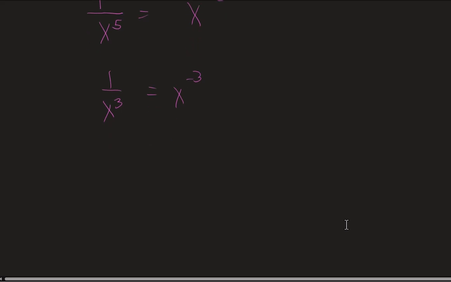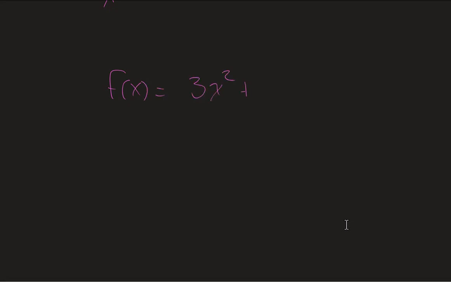So if I had to take the derivative of f of x equals 3x squared plus 6 over x to the 5th, then the first thing I would do before I take the derivative, I rewrite it 3x squared plus 6x to the negative 5th.